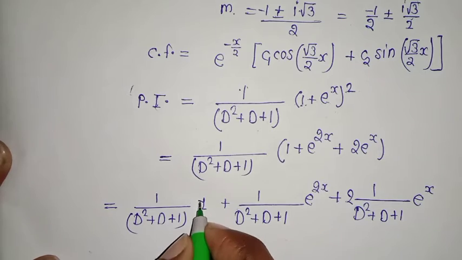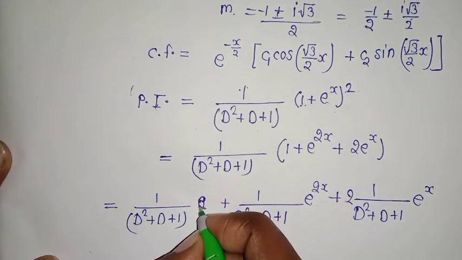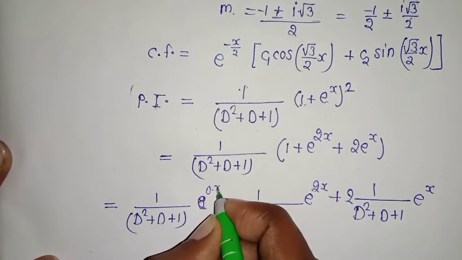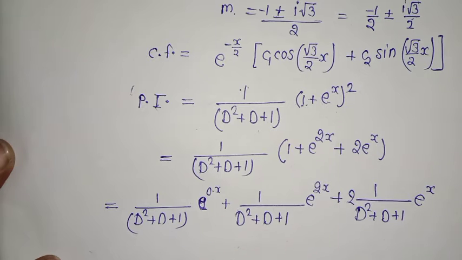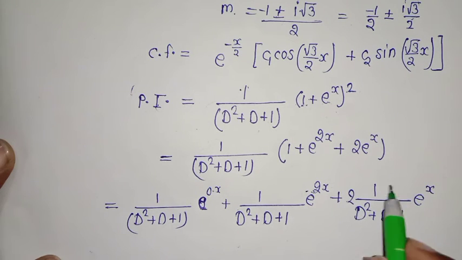Now 1 can be written as e raised to power 0 into x. If we compare it with e raised to power ax, then our a is 0 here, a is 2 here, and a is 1 here.